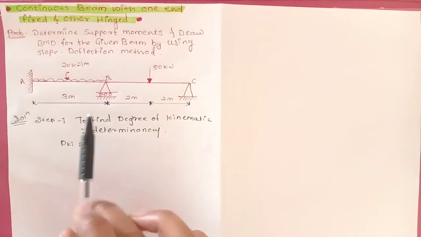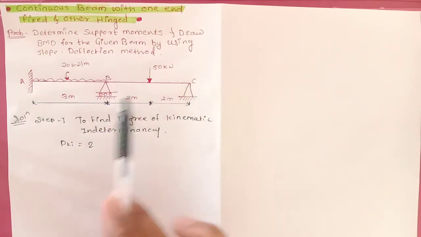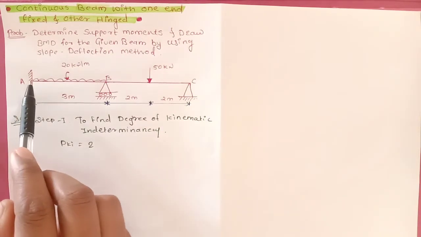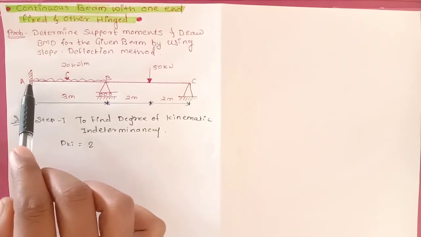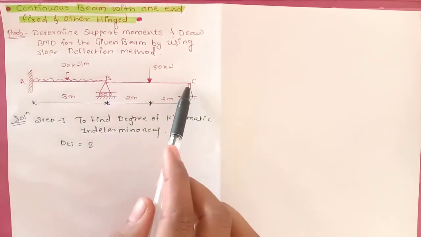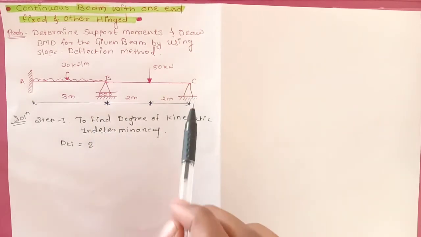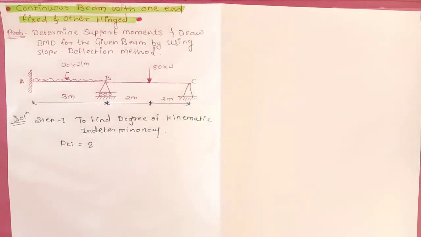That is, unknown displacements are 2, that is theta B and theta C. And the known displacement is only one, that is theta A, because A is a fixed support, and of B and C, one support is a roller support and one support is a hinge support. So that's why here the unknown displacements are 2, that is theta B and theta C.